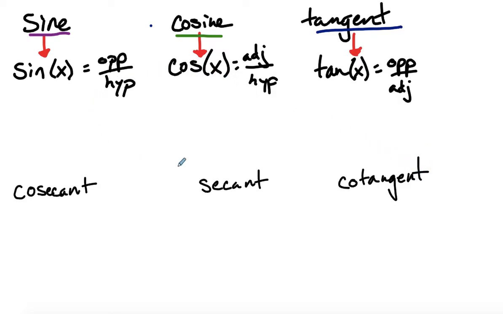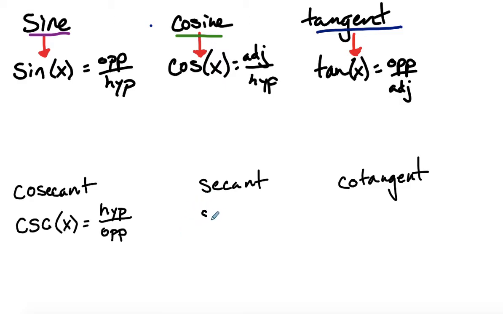Now, they still talk about the same type of triangle, they're still set up the same way, it's just a matter of being 3 new ratios that we haven't really talked about before. So instead of writing this, we would say cosecant, which we write out as CSC of your angle, and cosecant is a ratio of hypotenuse over opposite.